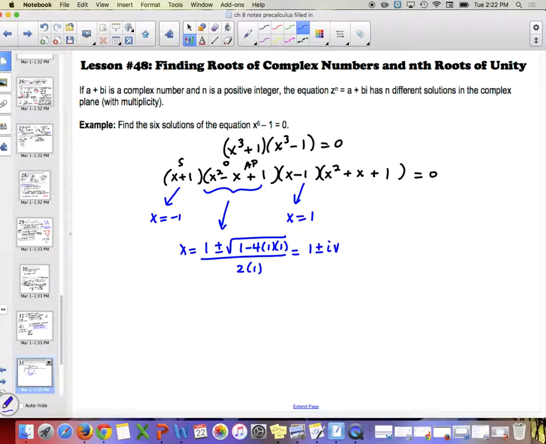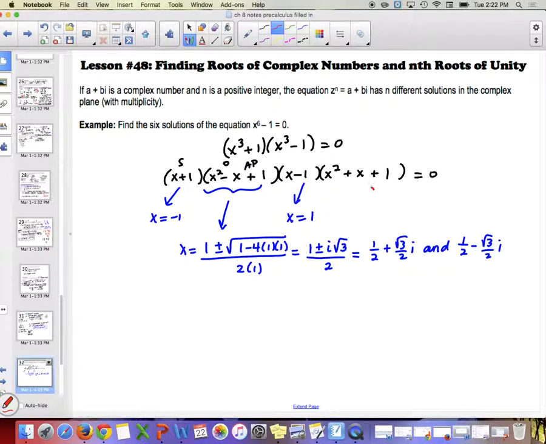I write that as i root 3 over 2. If I want to write it in a plus bi form so I can see how to graph it, it's going to be 1/2 plus root 3 over 2 i, but also 1/2 minus root 3 over 2 i. Do you guys see how we got those solutions? Yeah, because it's plus or minus.